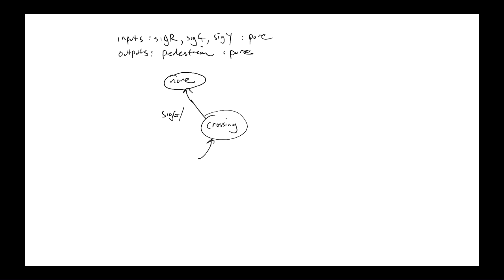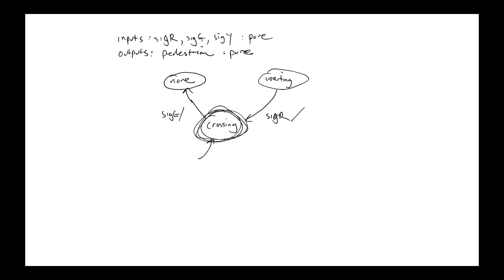It might make more sense in a minute. There's going to be another state called waiting, which indicates that there's a pedestrian waiting there. And to fill it out in a funny order, we're only going to go to the crossing default state when SIG-R is asserted, so when there's a red light for the cars. It's another thing we've got to think about.